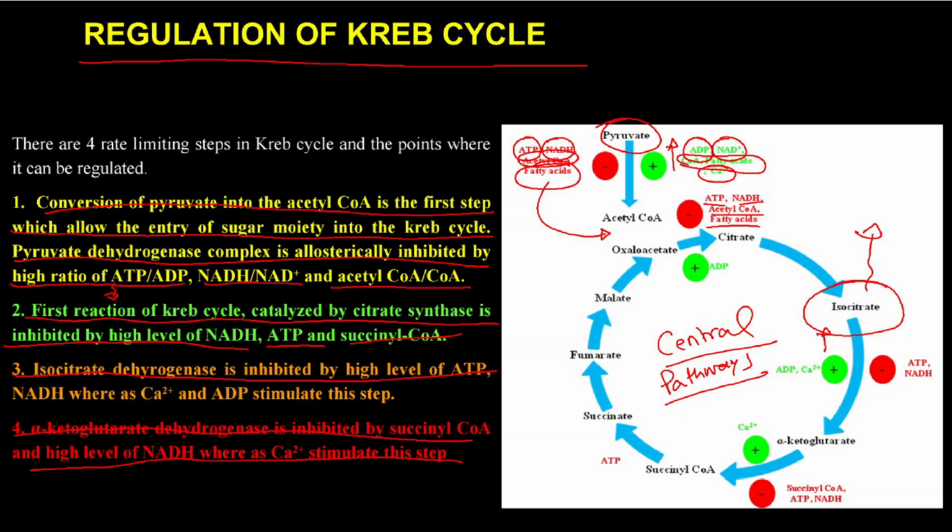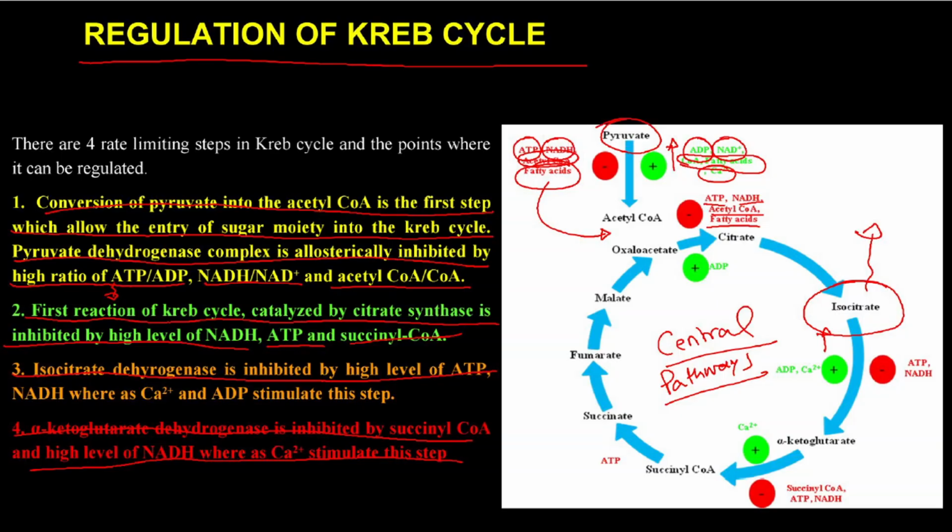So calcium will come into action, as I told you, when the body is in some kind of action or movement. Those steps will require energy. So the presence of calcium acts as a stimulus, because it stimulates these enzymes to signal that energy is required.